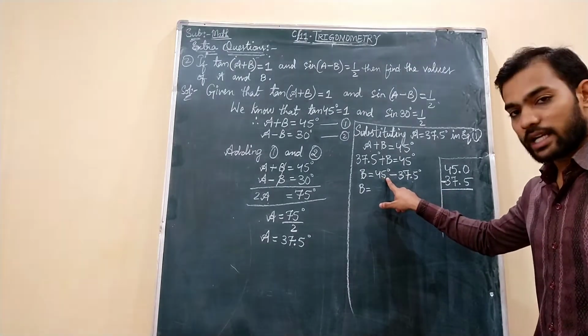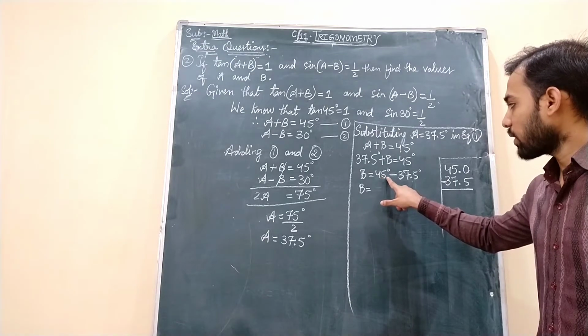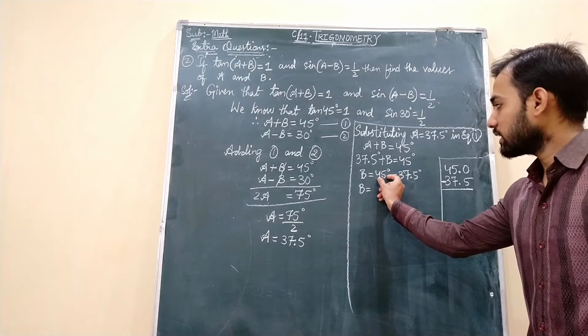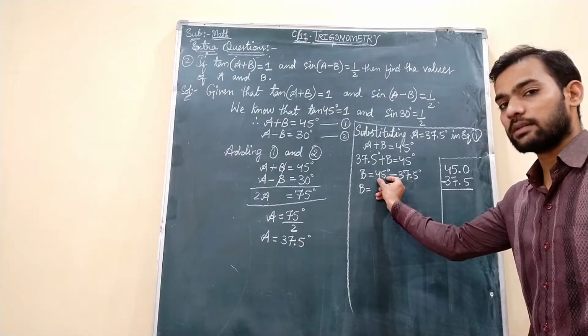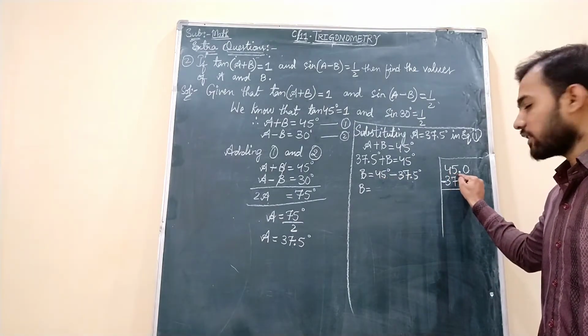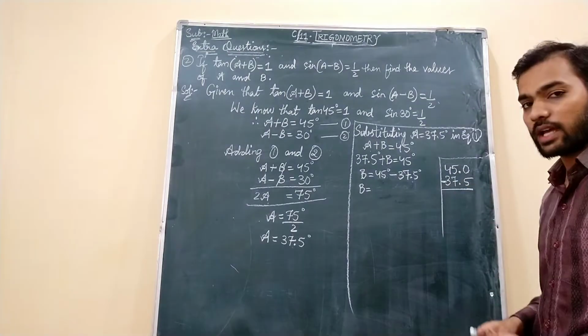Every number has a point at its end. So when you write the point, you read it as 45 and 37, so easily you can identify that this is the bigger number. So we have to write this first, 45.0 and then 37.5.